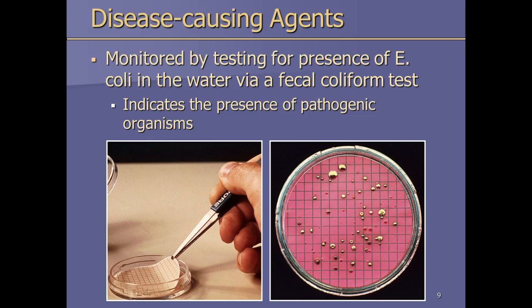Now, on the right-hand side, that's bacterial colonies that have grown. That is not water you drink. If that many bacterial colonies are present, you had better not be drinking that water. Drinking water should have less than 1 bacterial colony.